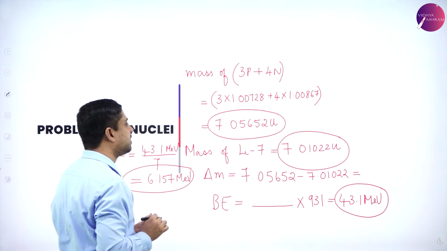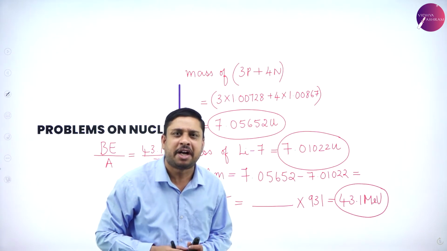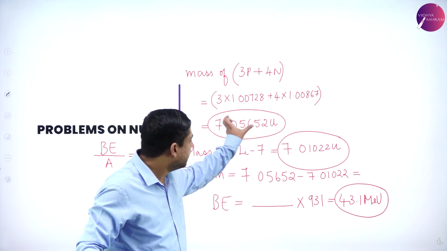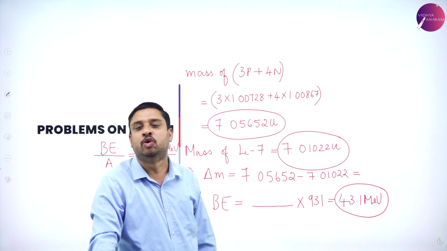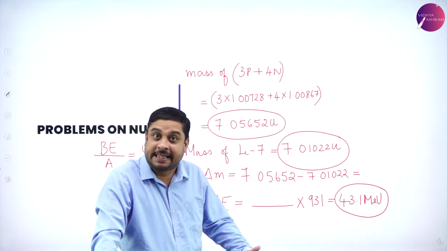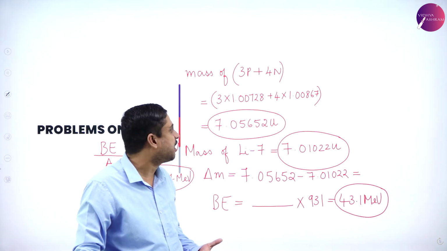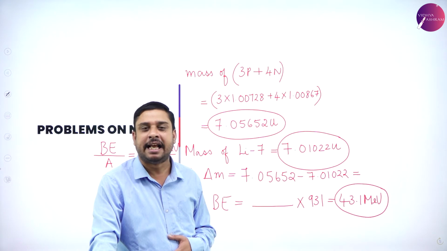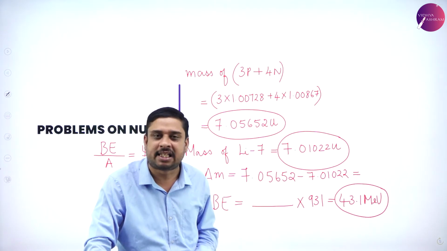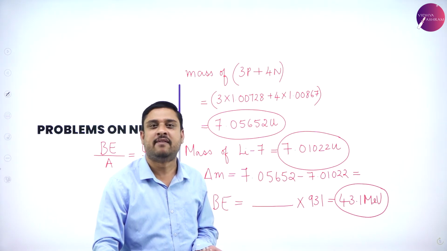So this is the binding energy per nucleon. Step by step, link to the solution. In this chapter, especially, if you know the concepts, arriving at the relations and the calculations becomes very, very easy.